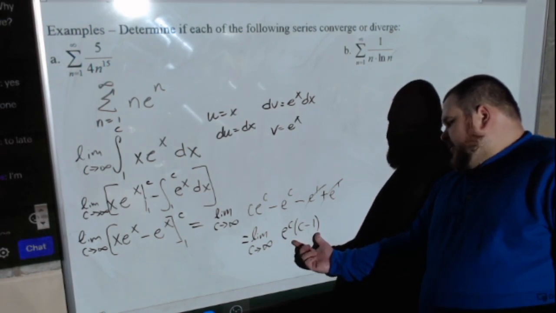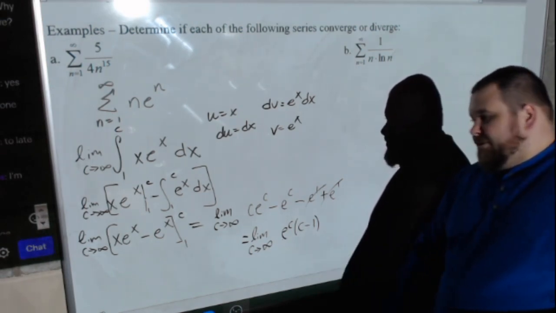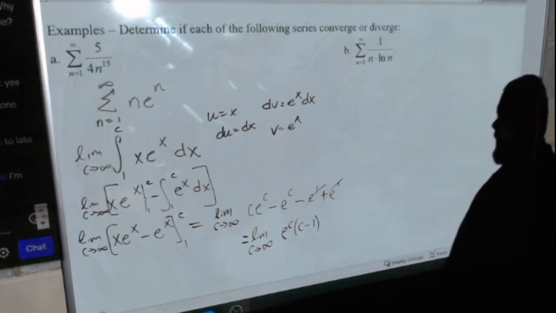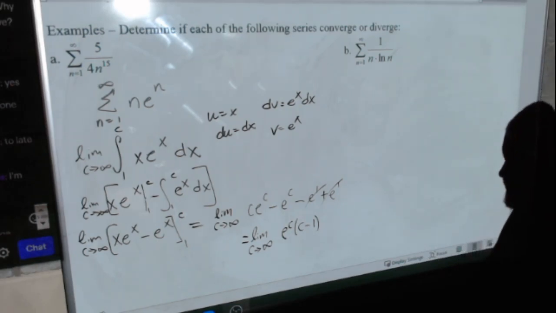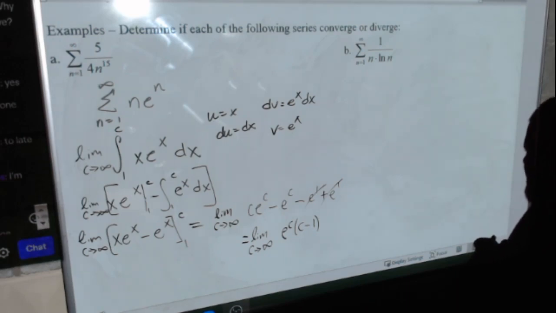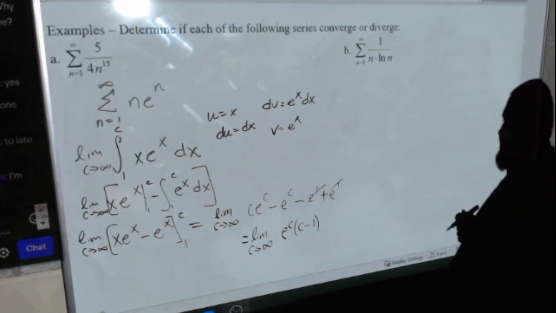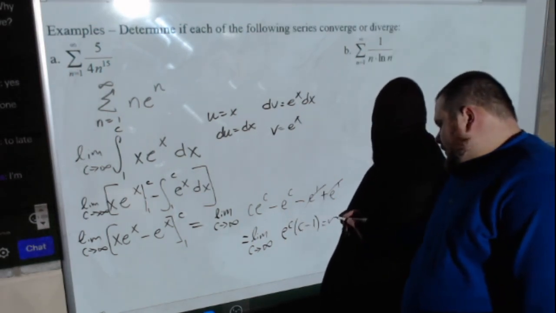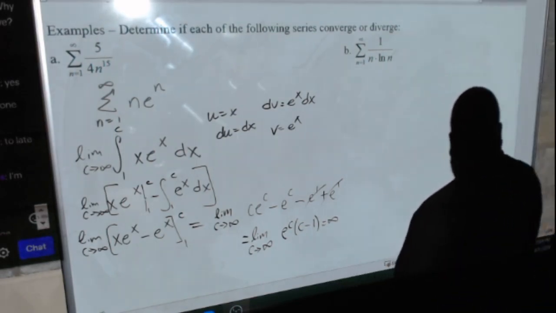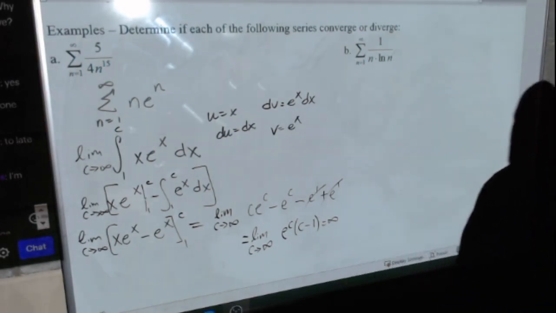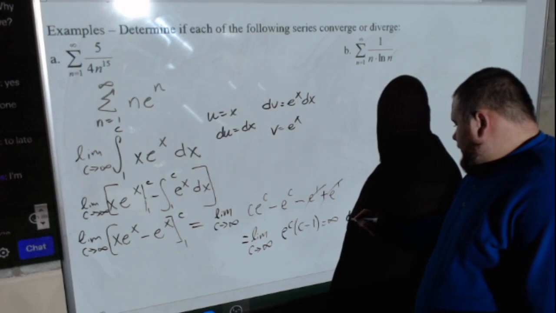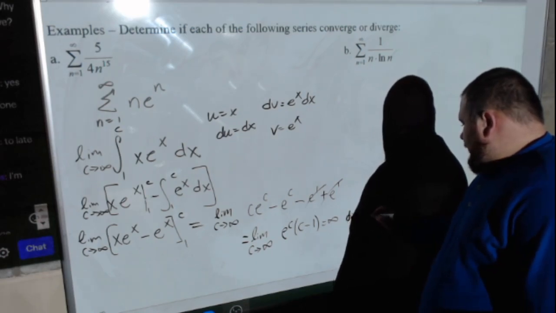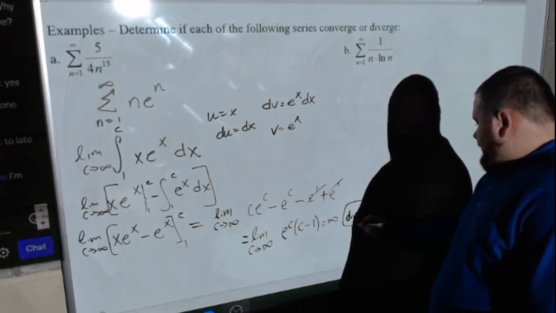This equation here, which is a line, or an exponential? And the easy answer to that is the exponential. So whatever the exponential does, so does this entire equation. So if you take e to the infinity, you get infinity. So, divergence.